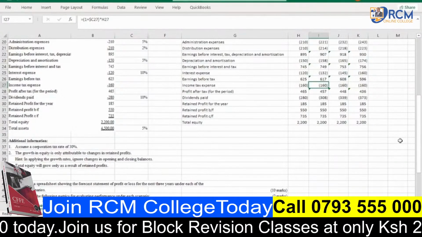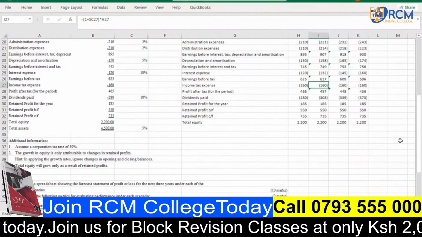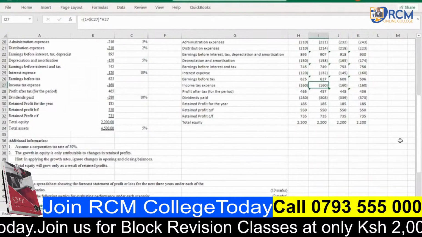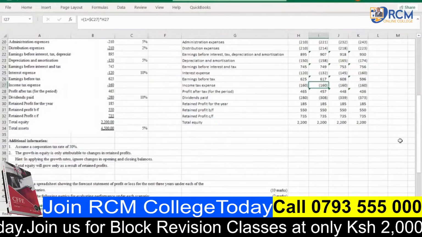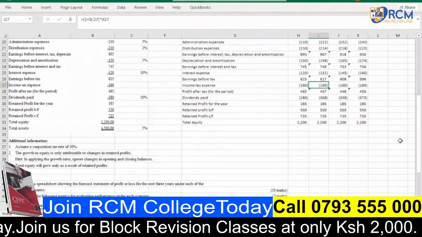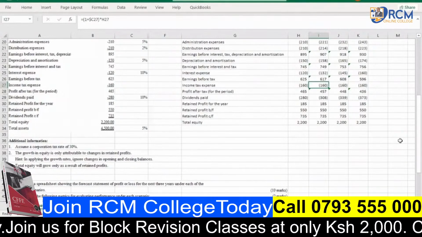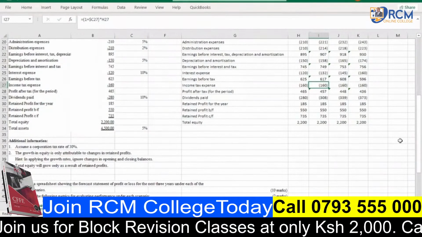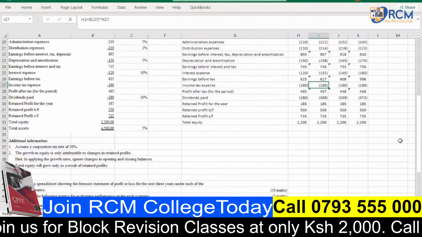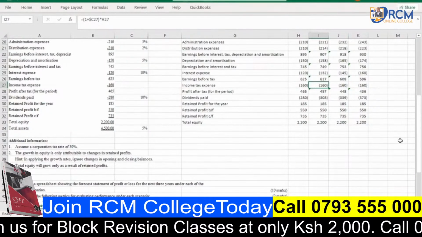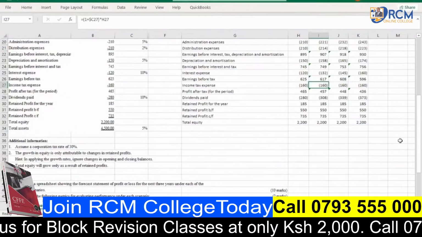We should add back depreciation, that's according to Emmanuel. Okay. Let me see what these people are giving me. For 2023, it is 30% of 617. Then drag formula right. Okay, that is Clifford.